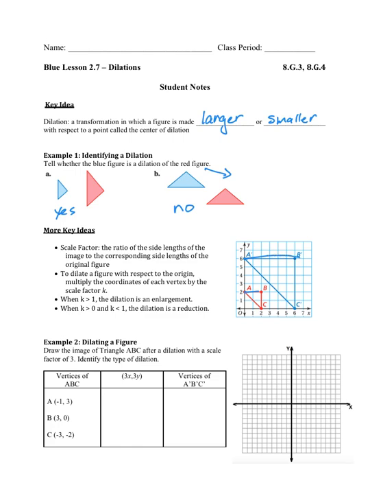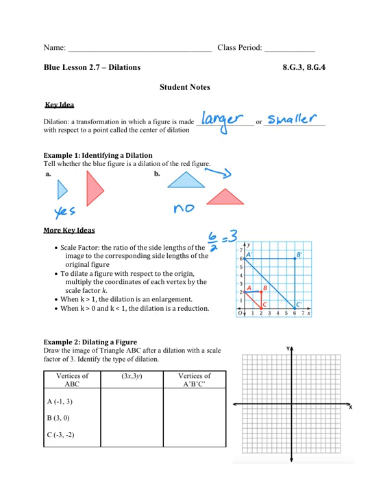So the ratio of the image to the original figure is 6 to 2, or 3. So this blue image has a scale factor of 3 compared to the original figure.